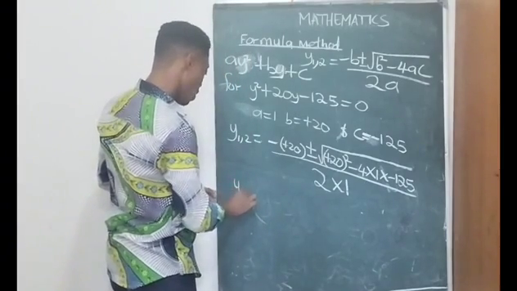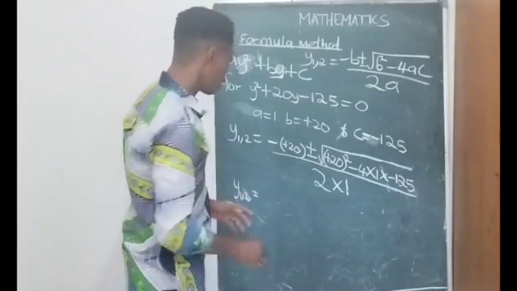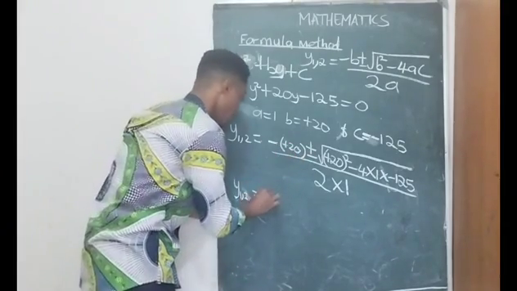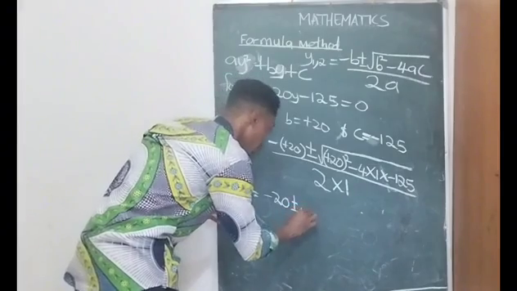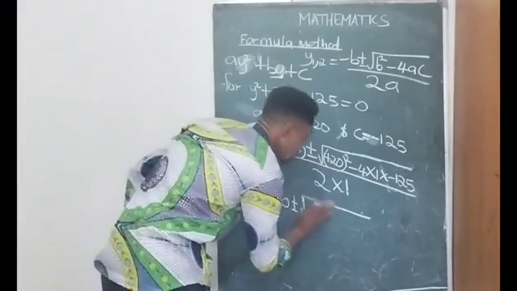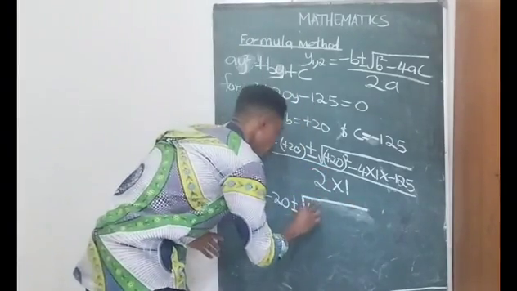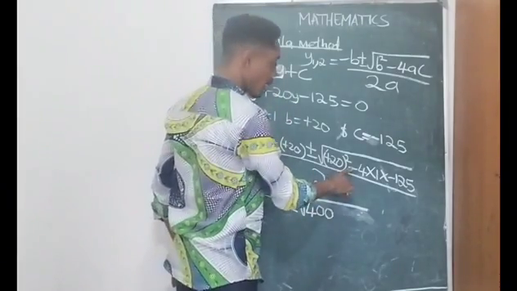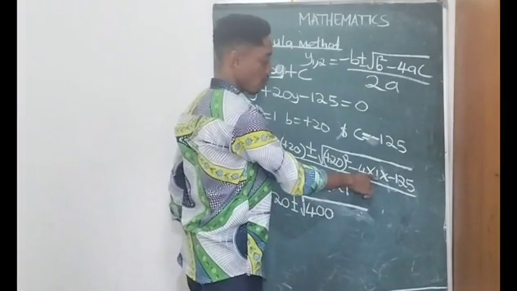So y1,2 will give us minus b, minus times plus, that's minus 20, plus or minus the square root of. If you check that well, you would agree with me that 20 squared is 400. Compare with your calculators. Minus 4 times 1 is minus 4.